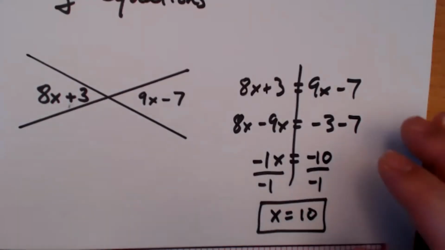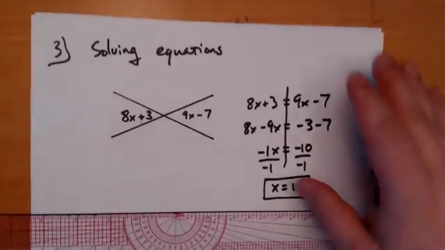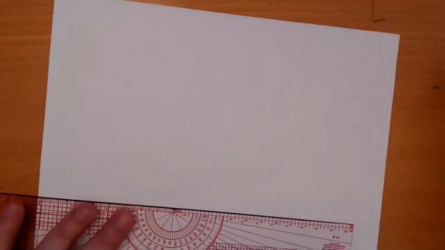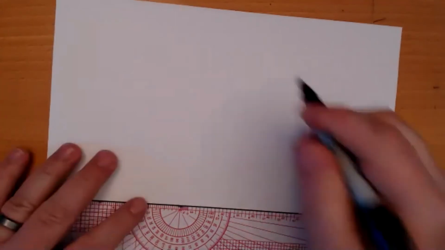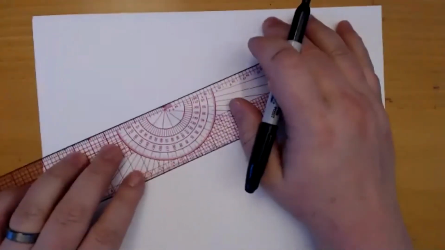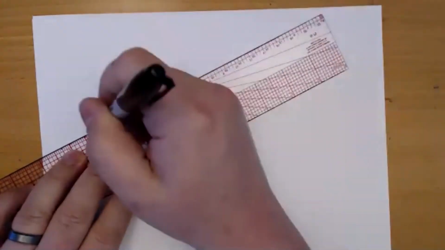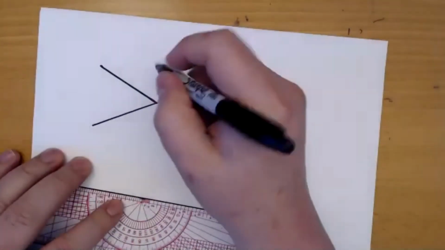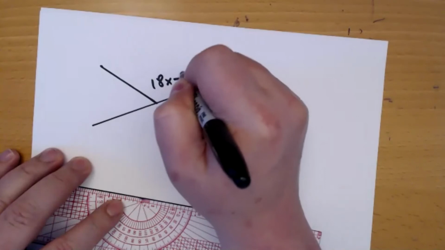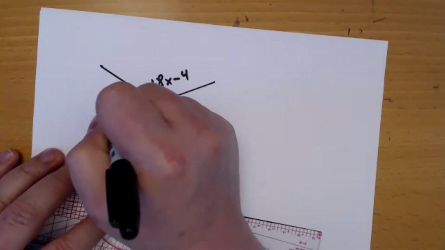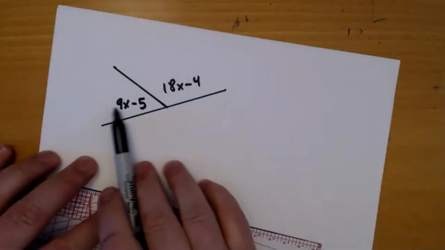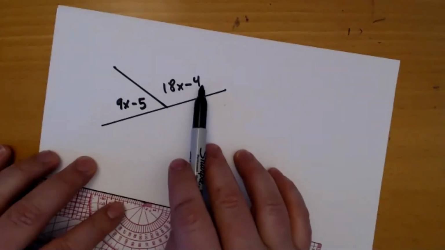Okay, let's do this one. Let's say I have 9x minus 5 and 18x minus 4.